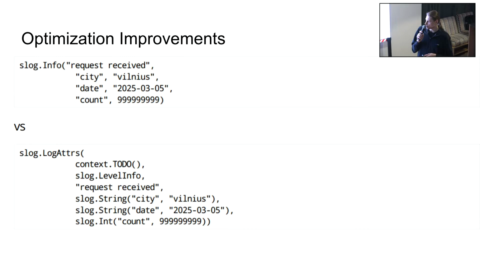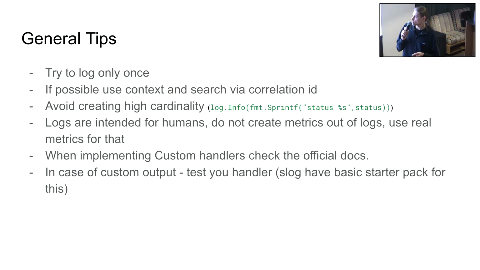And how does it help? It's already pre-formatted. In some way, my personal opinion, it is more clear. And when the handler appears, you already have log attributes, so you don't need to parse them or do stuff with them. So yeah, general tips.